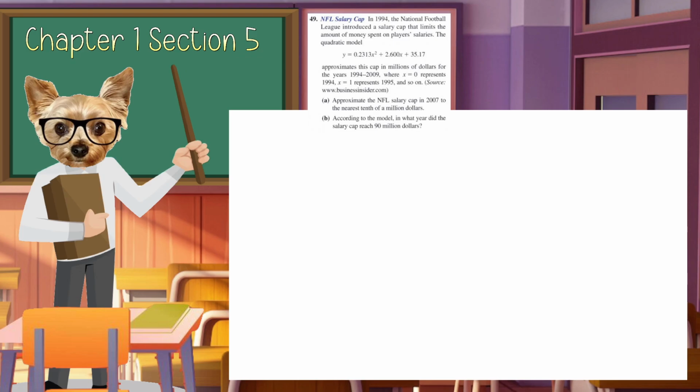Approximate the NFL salary cap in 2007 to the nearest tenth of $1,000,000.